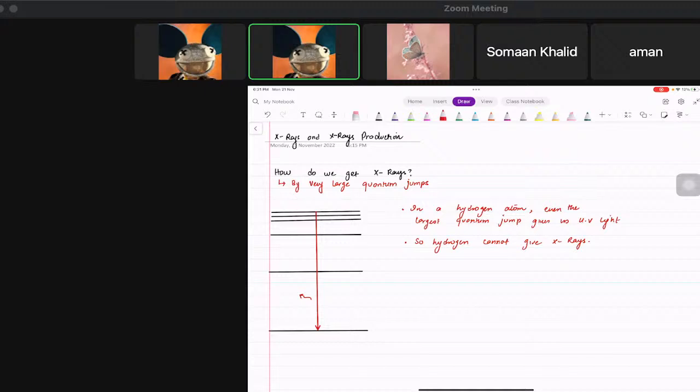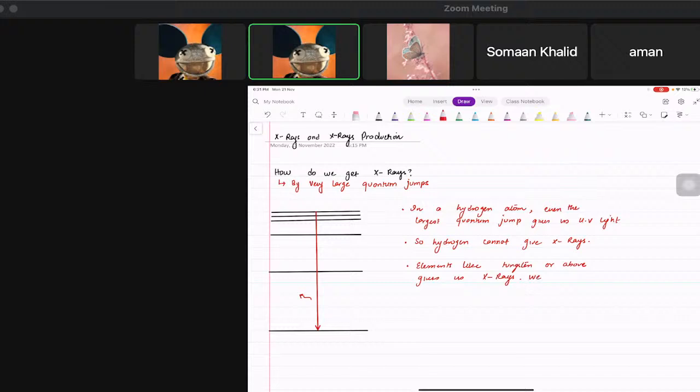So to do that, elements like tungsten or above, which are higher in atomic number, give us X-rays.